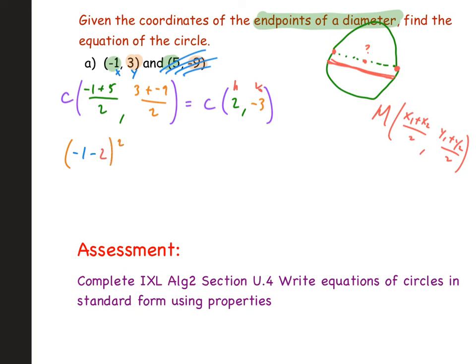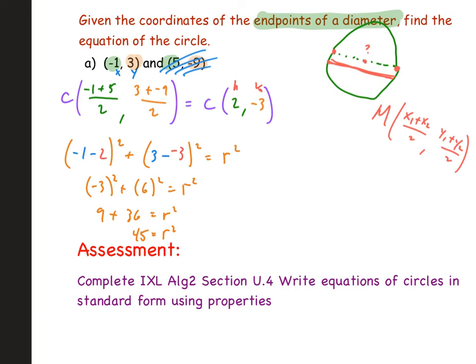I need to square that, plus y, which was 3, and then minus k, which was -3. And we need to square that. That will give us r squared. So this gives me -3 squared plus 6 squared equals r squared, which is 9 plus 36. So 45 is r squared.